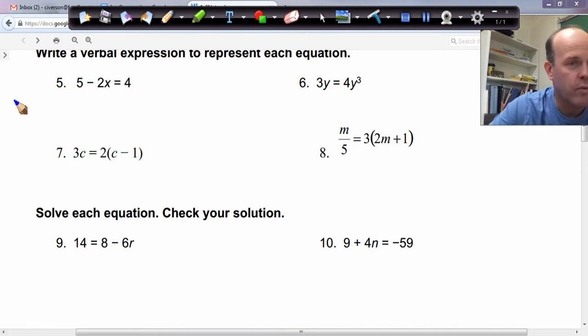So we've got 2 times a number less than 5.